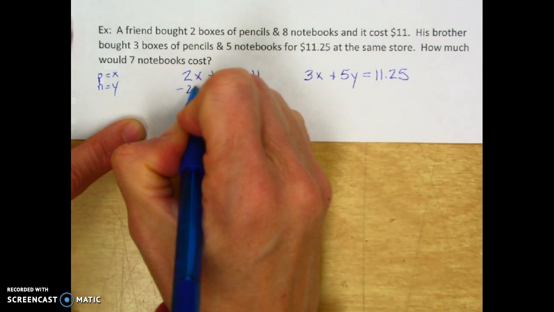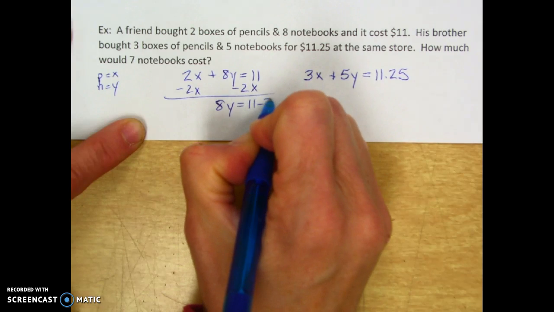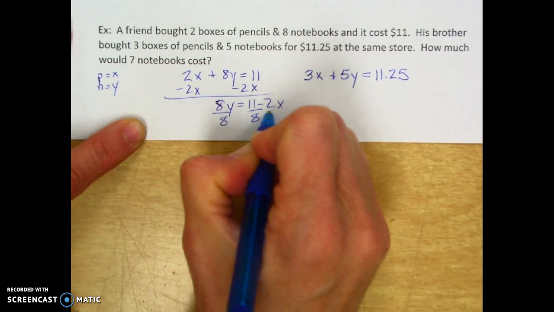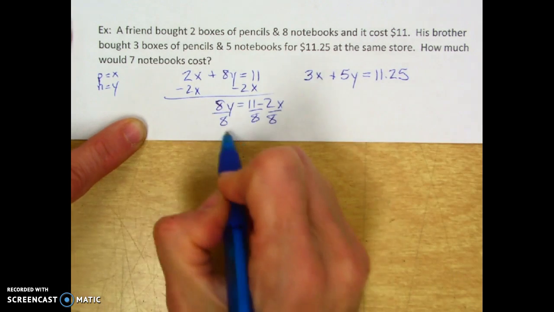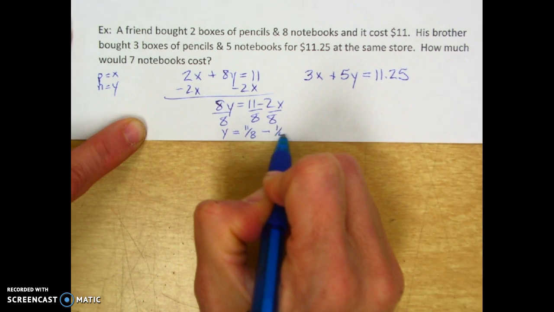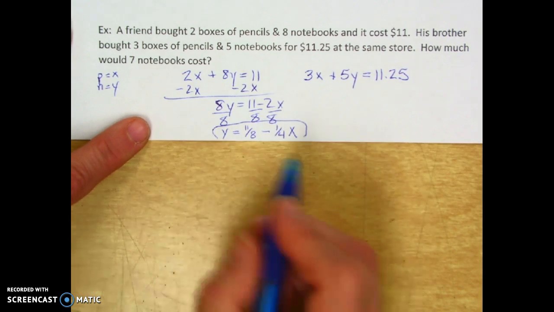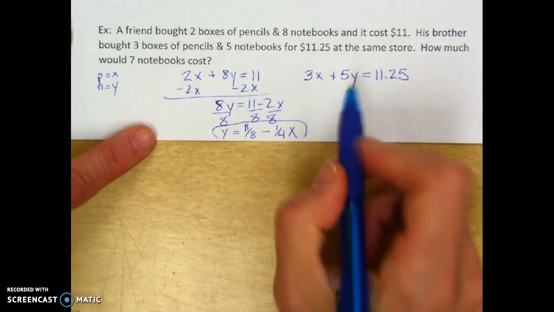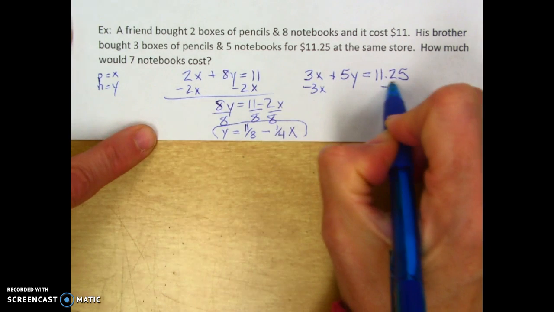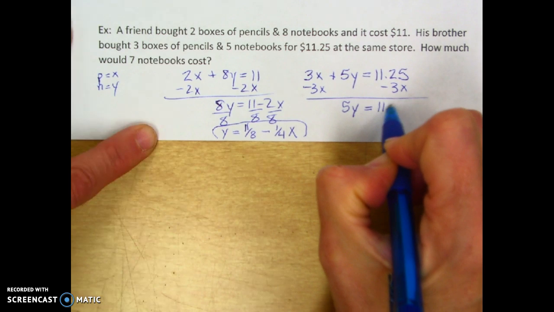So we'll solve these for Y. So Y equals 11 divided by 8 minus 1/4 X is going to be the equation we need to use. Okay. And then we solve this for Y. We want to solve for Y because that's what we solve for when we graph.